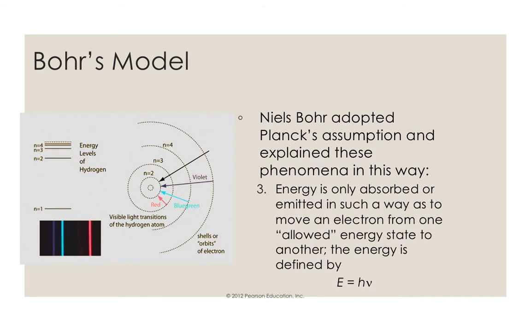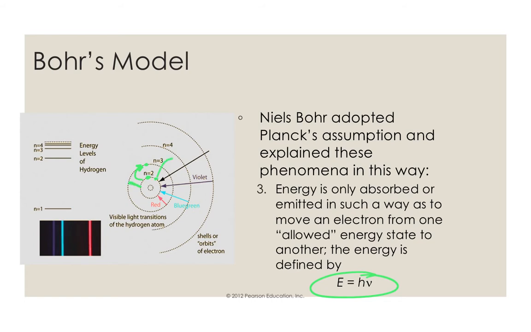And thus, energy is only absorbed or emitted in such a way as to move the electron from one allowed energy state to another. And that energy is defined by our energy equation from Einstein that we came up with. Essentially, if I am an electron and I'm here and I want to go to there, I can only move by absorbing this amount of energy.